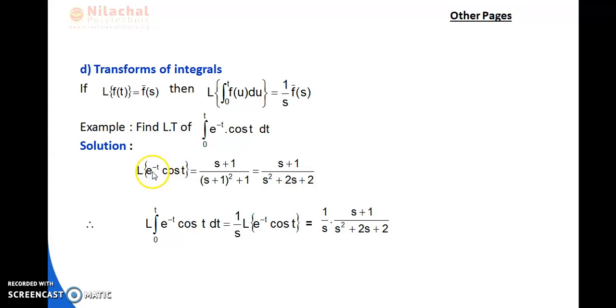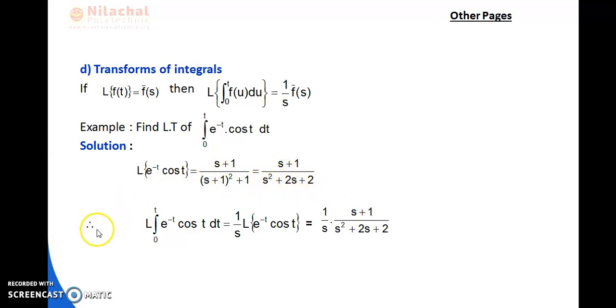That equals s plus 1 by s plus 1 whole square plus 1, which simplifies to s plus 1 by s square plus 2s plus 2.